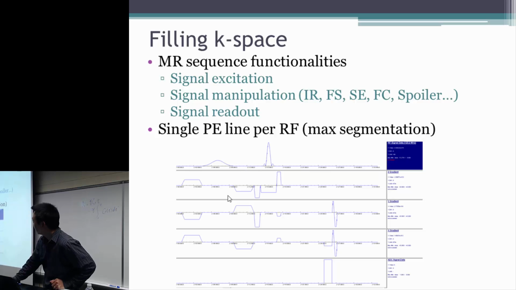It's a little bit small here. So this line is the RF pulse. This is the slice select gradient. This is the phase encoding gradient, this is the readout gradient, and this is the ADC. Okay, so what we can see here is we only have the RF pulse here. There are no gradients associated with it.